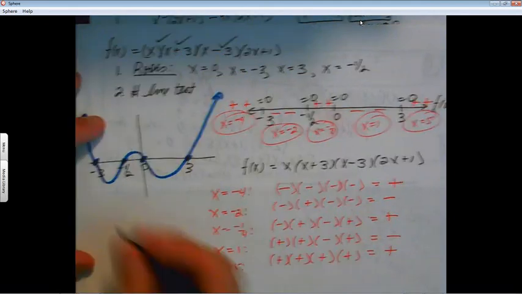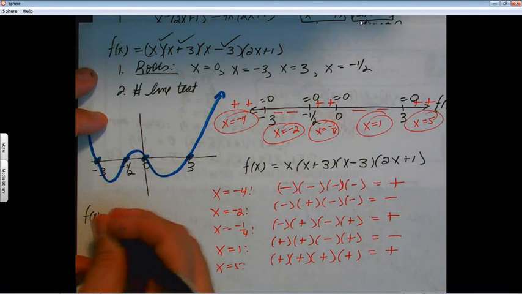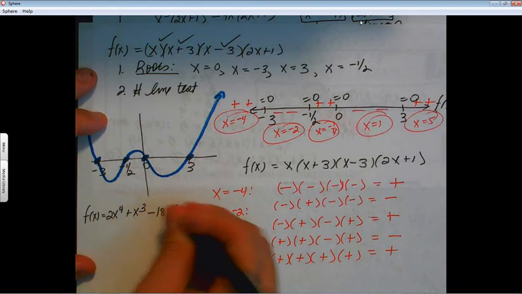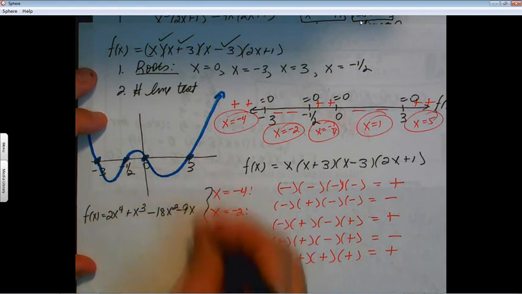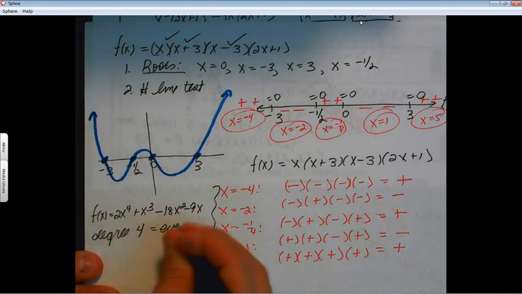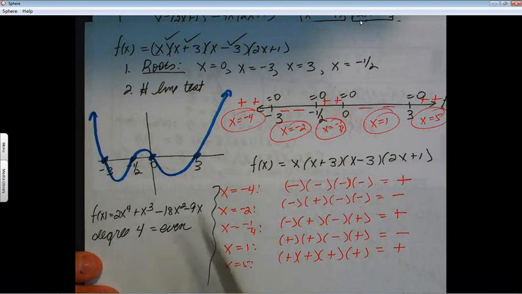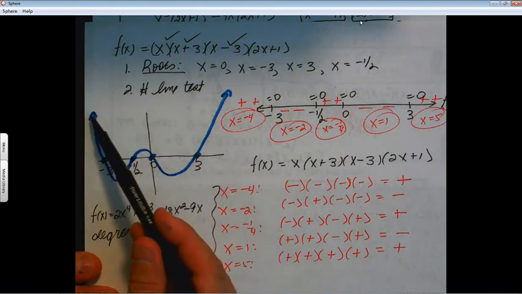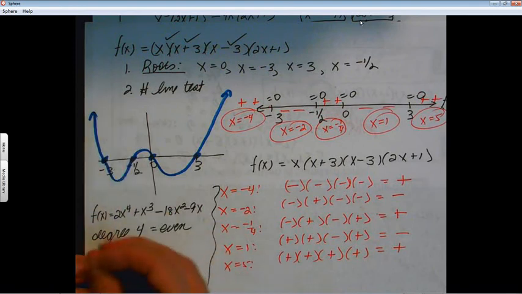My function is above the x-axis before we hit -3, drops below the x-axis between -3 and -1/2, is above the x-axis between -1/2 and 0, is below the x-axis between 0 and 3, and then is above the x-axis after 3. There we go. And a lot of that information we had earlier.